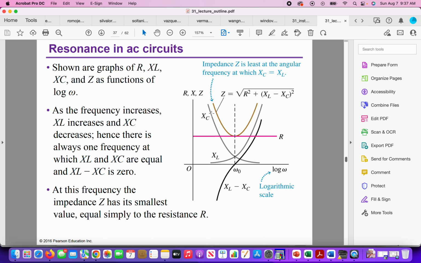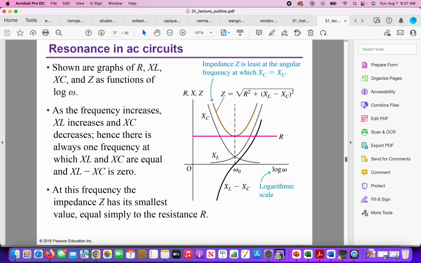As the frequency increases, XL increases and XC decreases. Hence, there is always one frequency at which XL and XC are equal, and then XL minus XC is going to be 0. If you look here, they are intersecting at this point, which we call the resonance frequency.